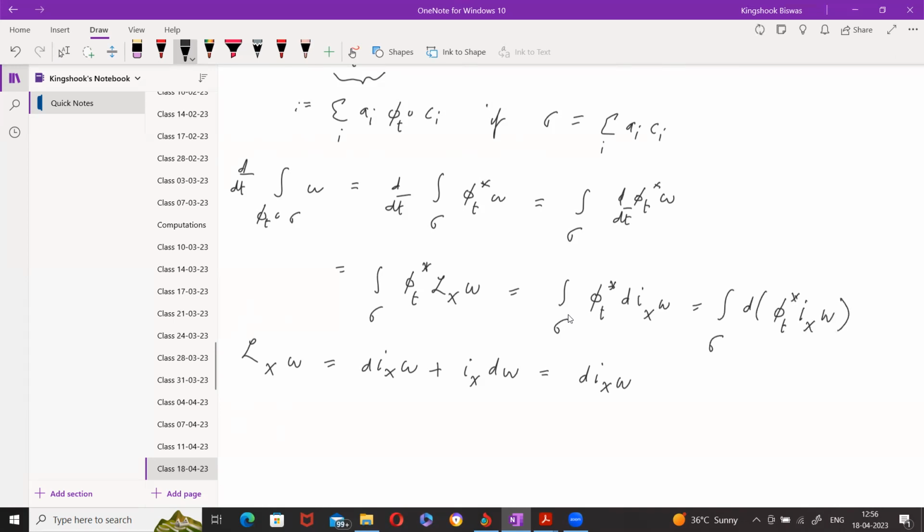Now by Stokes, this is equal to the integral over boundary sigma of phi t star of I_X omega, and boundary sigma is 0, so this is 0. So the derivative is 0, therefore the function is constant. This is another small exercise.